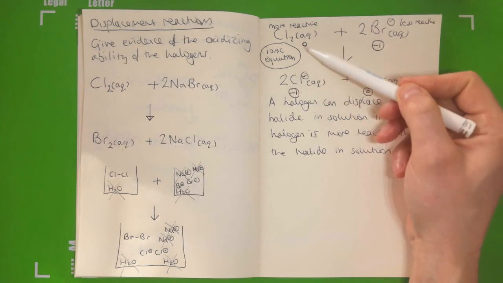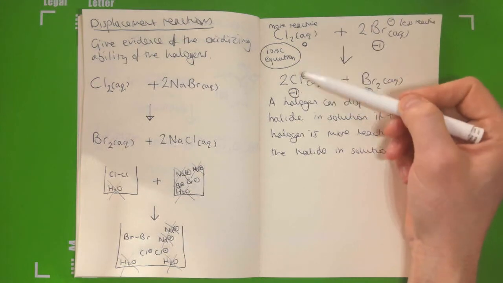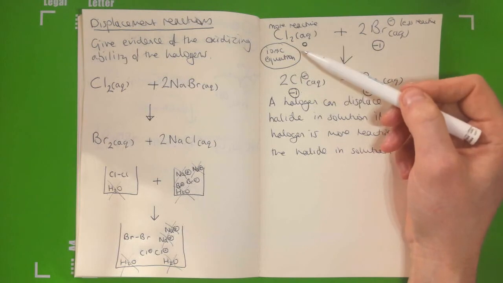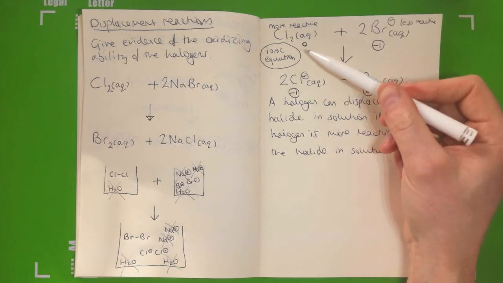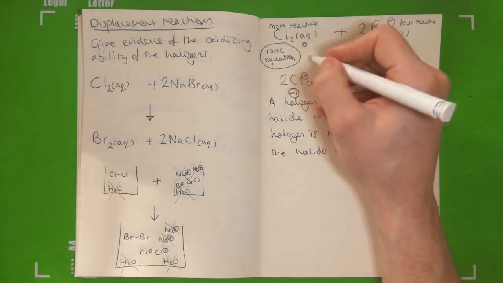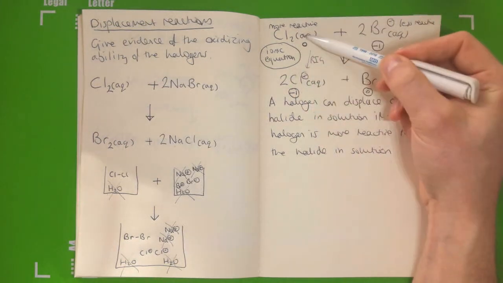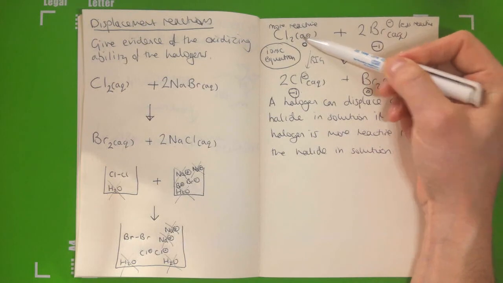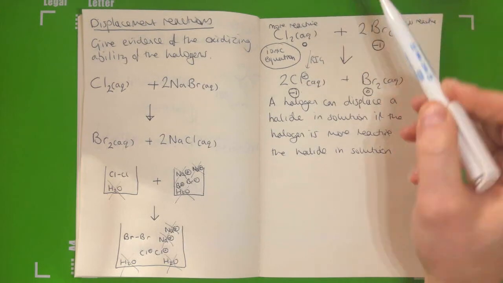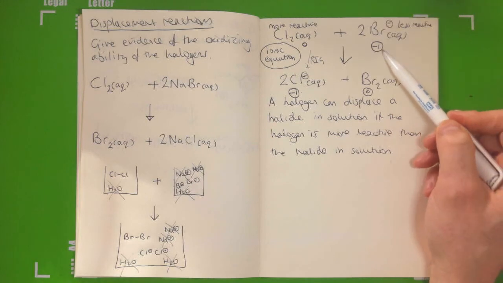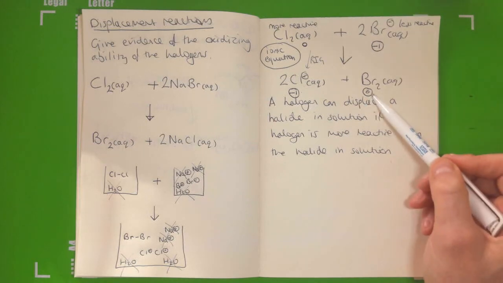If it's getting more negative, it must be gaining something which is negative. So it needs to gain electrons. Remember, reduction is gain of electrons. So the chlorine is being reduced to chloride. Here, however, the oxidation state is -1, and the product here is 0.